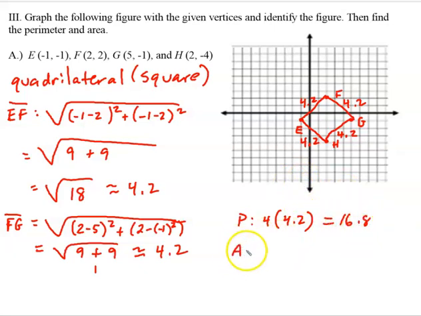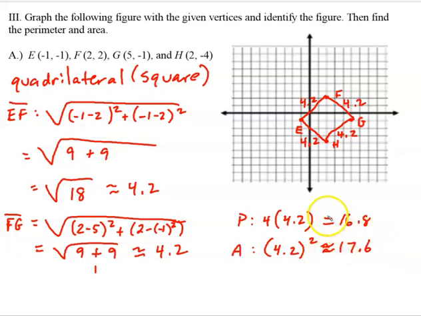And then the area, of course, is side squared. 4.2 squared is 17.64 using our decimal equivalent, 17.6.